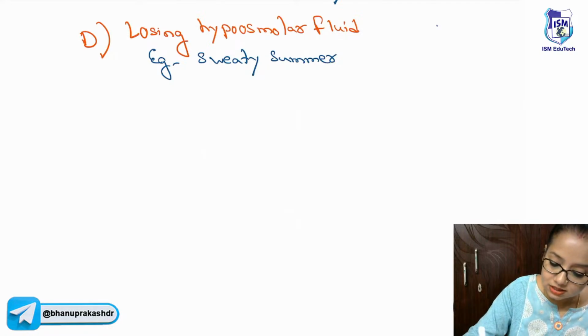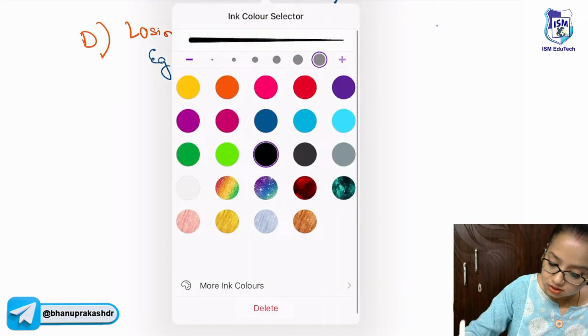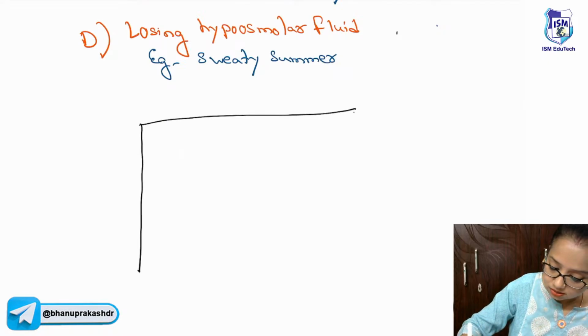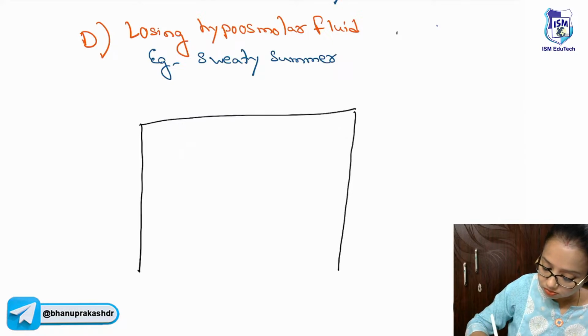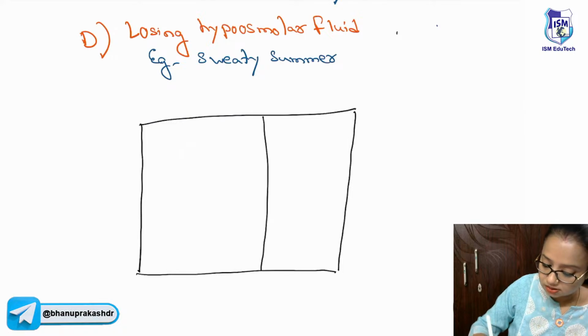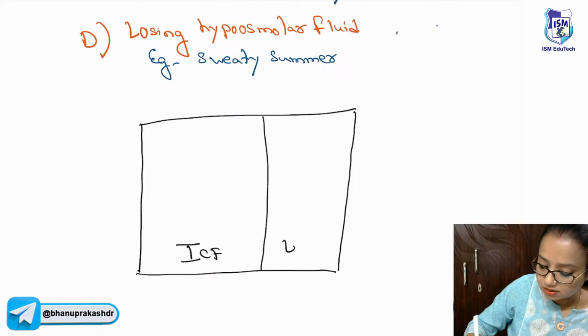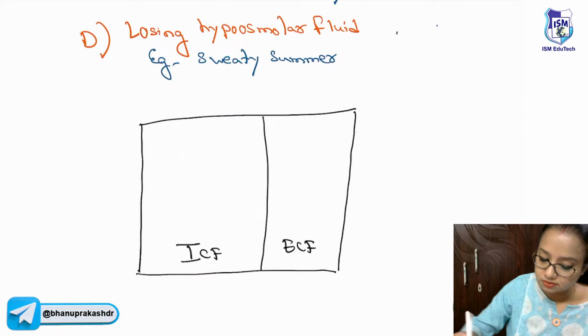So in this condition, what happens in the Darrow Yannet diagram, the shifting of the fluid? So this is the cell. This is the ICF and this is the ECF.